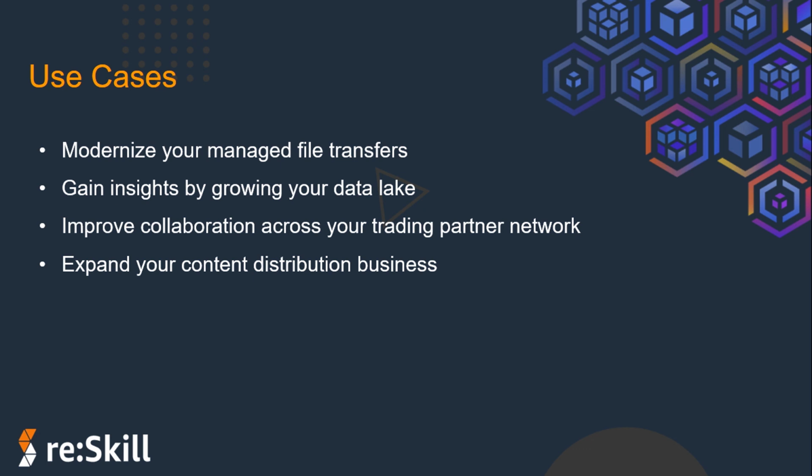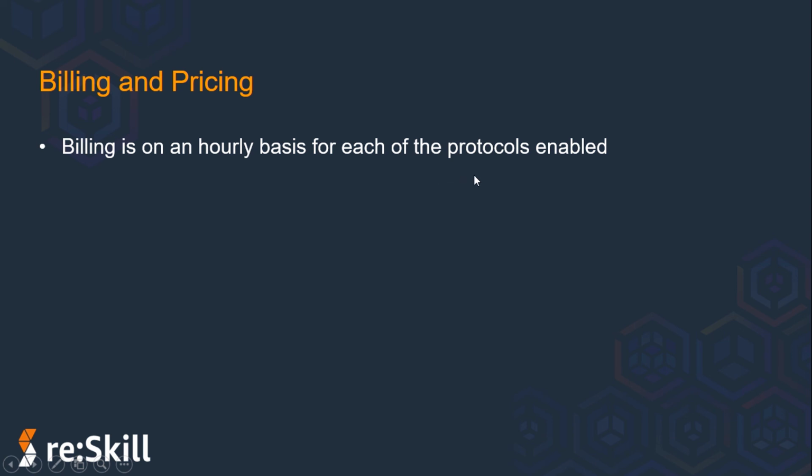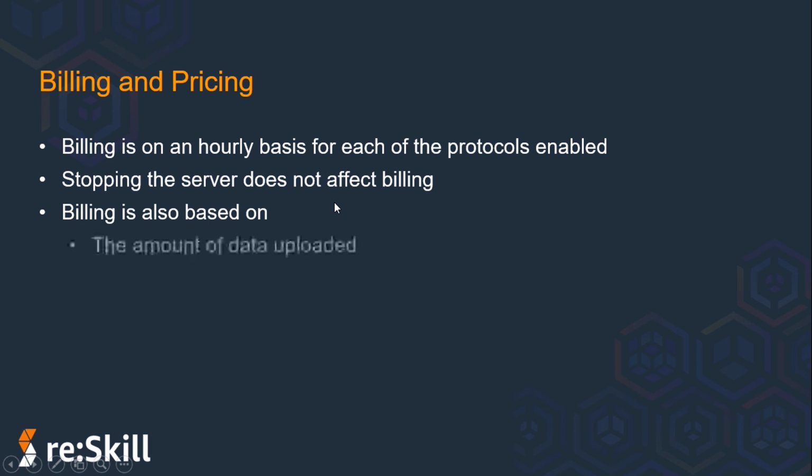And regarding billing and pricing, what is it basically based on? Let's discuss a few points about it. Billing is on an hourly basis for each of the protocols that we have enabled. Like let's say we enabled SFTP in our demo, so we will be charged based on that. Stopping the server does not affect the billing. Billing is also based on the amount of data that was uploaded, like I uploaded something from my external source, that was my local system, and the amount of data that was downloaded.